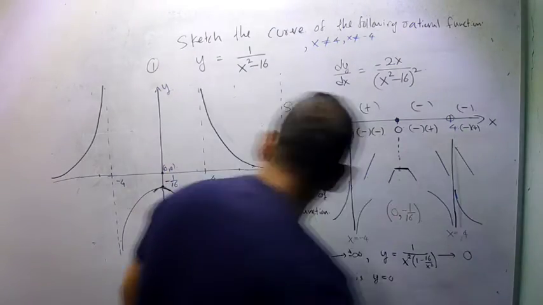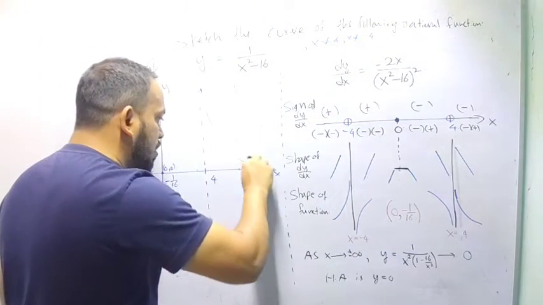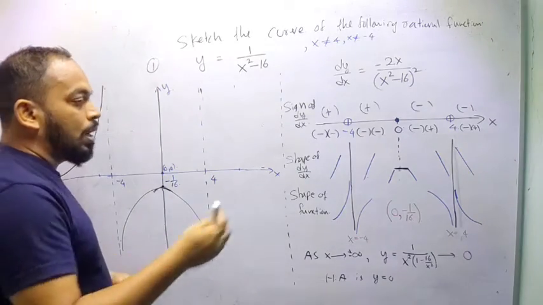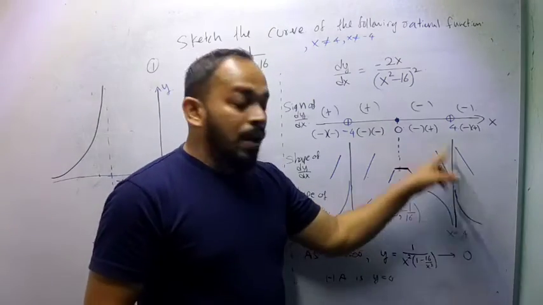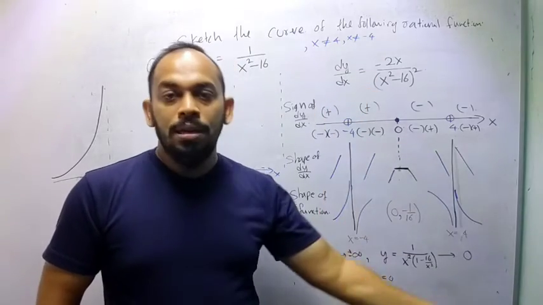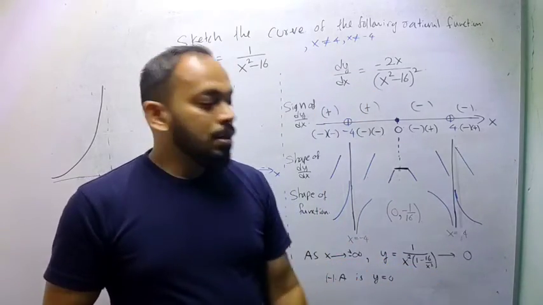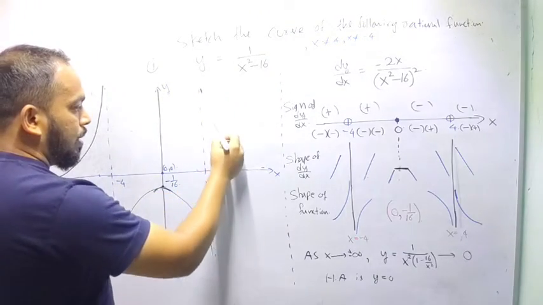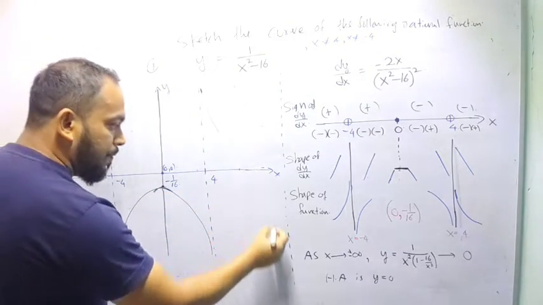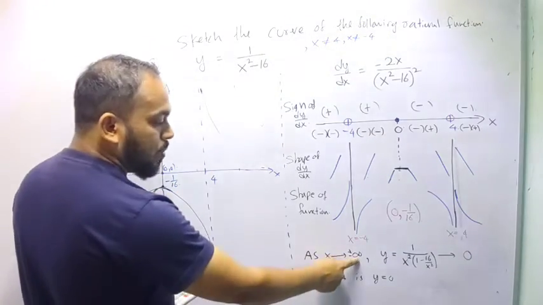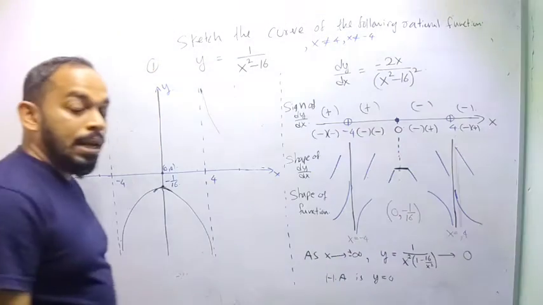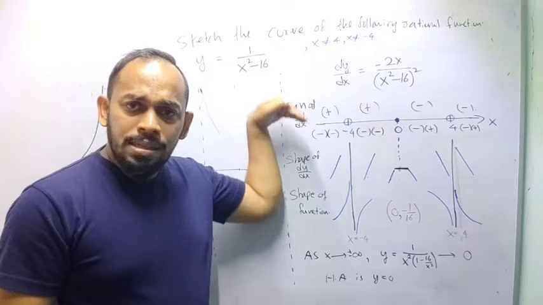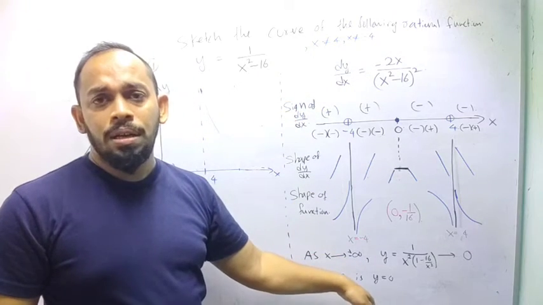Suppose it crosses the x-axis, so one could argue the function is decreasing, so it can decrease indefinitely, right? But if it decreases indefinitely, as x tends to infinity, y should be negative infinity, but it says y is 0. That means it doesn't decrease indefinitely.